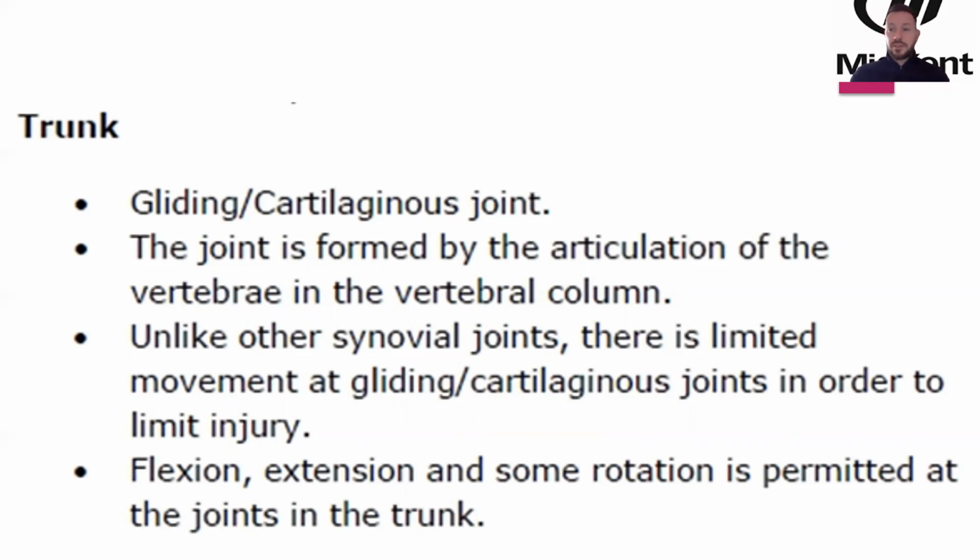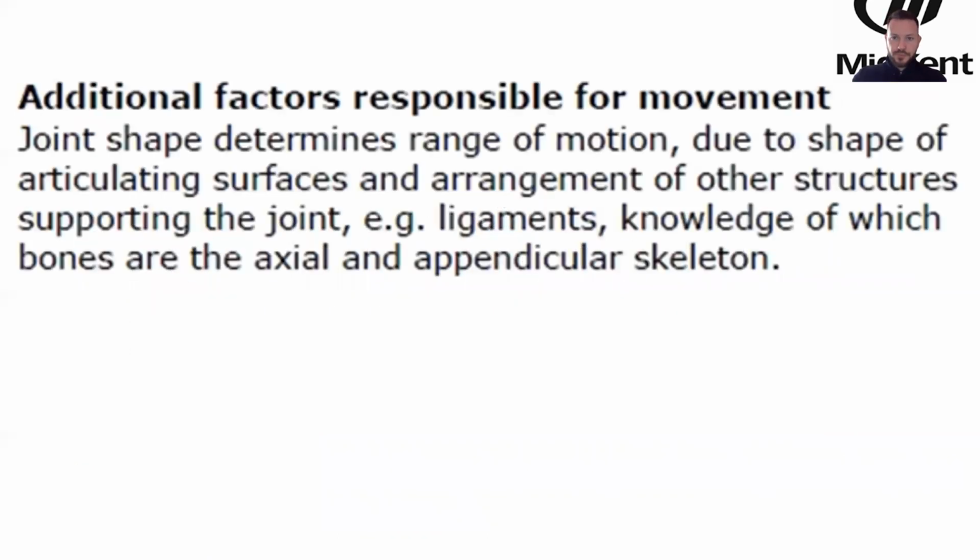Something you could consider for additional information are things like joints and the structure of the joints. So in the middle here, we can see that unlike other synovial joints, there's limited movement available, to help limit injury in the back. Key additional information is anything you think might be worth extra points or something that's worth mentioning. Additional factors could be things like the shape of the joint, ligaments holding things together, certain bones that are coming together that you think are worth mentioning.